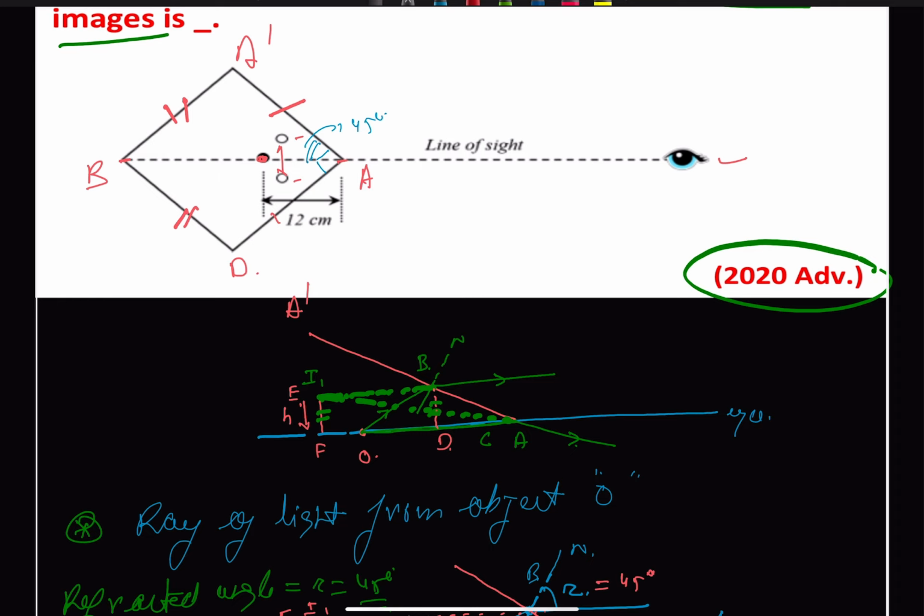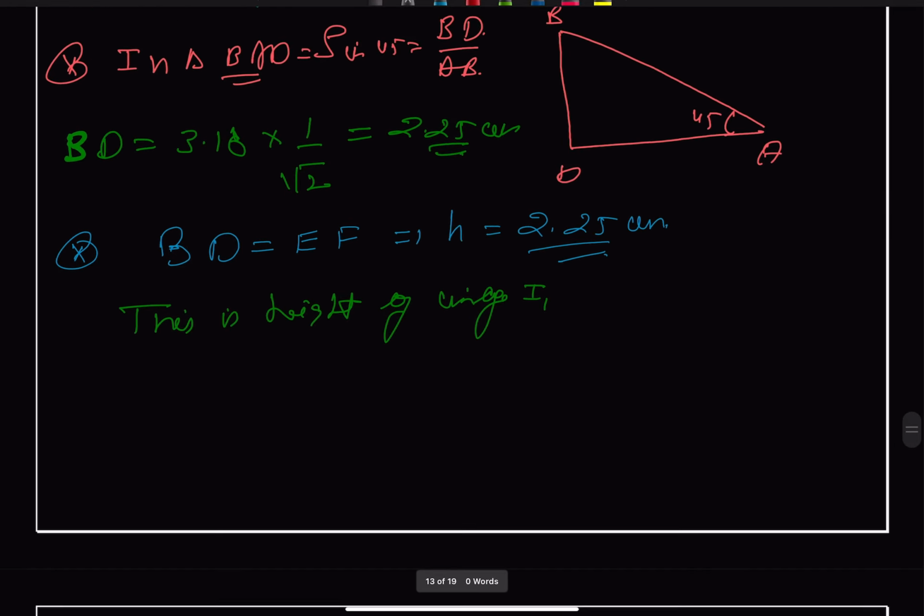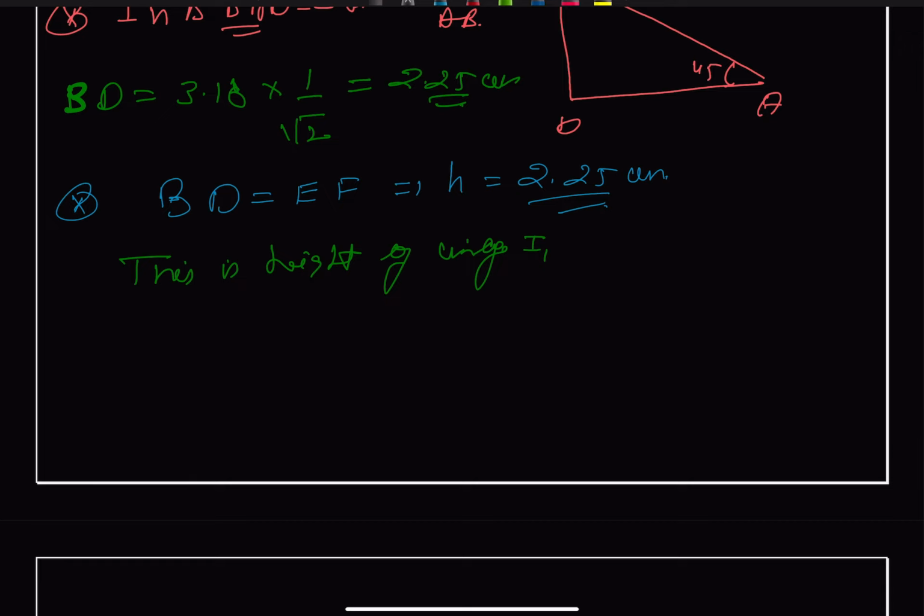So we sorted out this side A prime A, and we got the height of our I1. Similarly, we can solve it for our AD side also, and we are going to get the height of I2. Obviously that will be symmetric, so I2 will also be equal to 2.25 centimeters.